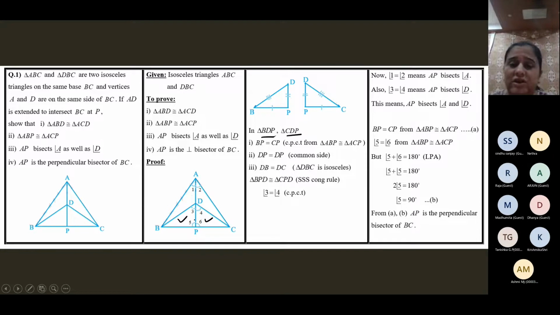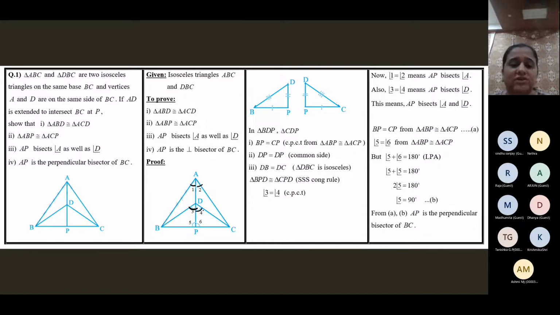But we are doing it because we have to show that AP bisects angle D. If you show that angle 3 is equal to angle 4, that means AP bisects angle D. AP bisects angle A because angle 1 is equal to angle 2, and if you prove that angle 3 is equal to 4, AP bisects angle D.